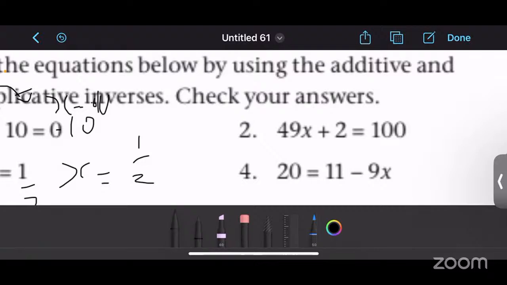Then we're going to have negative 1, because the other 9 doesn't have a negative, it's a positive. So a positive divided by a negative is negative. So positive 9 divided by negative 9 is negative 1. So the x value is equal to negative 1.